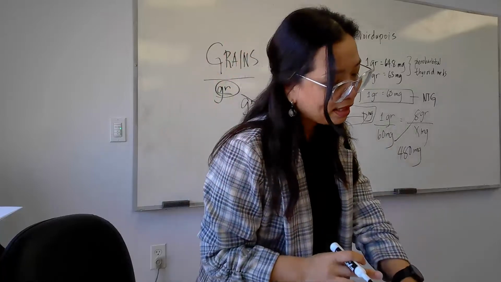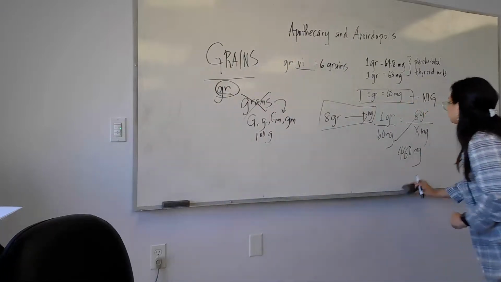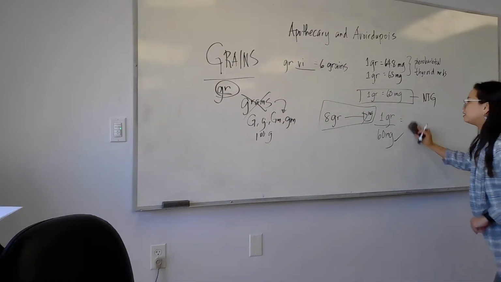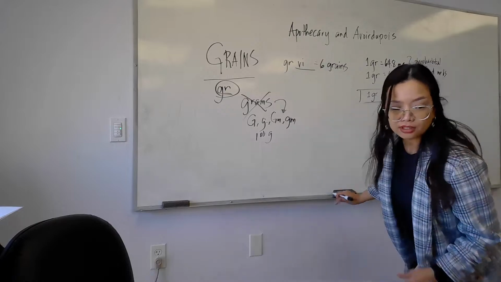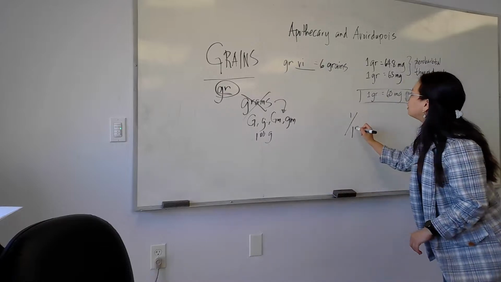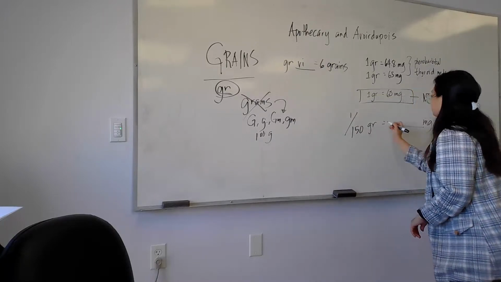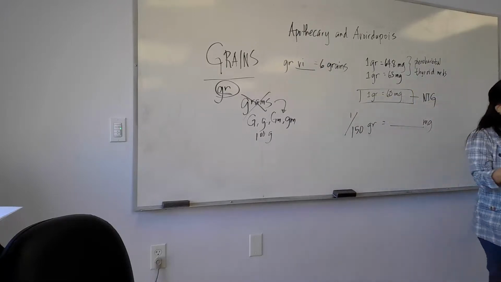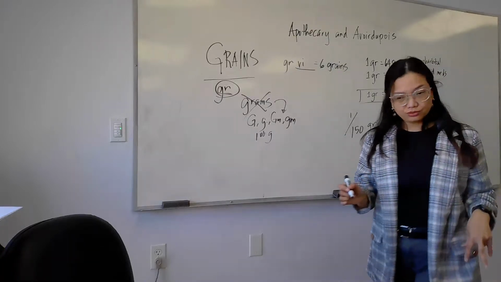Next one. What if it's a fraction? You guys panic when you see a fraction. Don't. I have here 1/150th of a grain. Convert to milligrams. Don't panic. This is what I do.